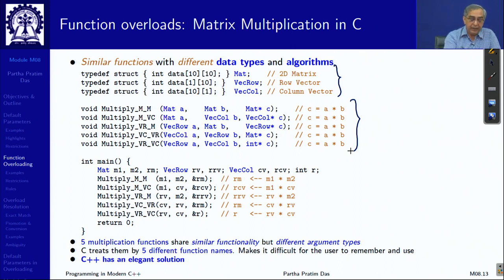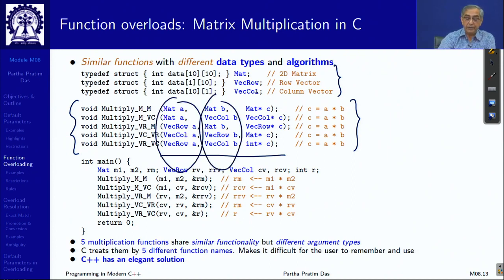Right? You can check the types of parameters being passed. Everything here is passed by value, and this one is by address, because you want the output to come in, the typical C style of stuff. But all of them are multiplying using the same matrix multiplication rule; because their data types are different, you have to give them different names.